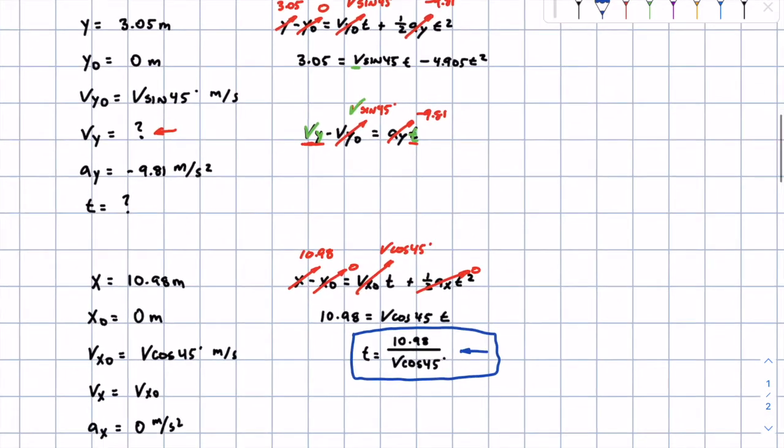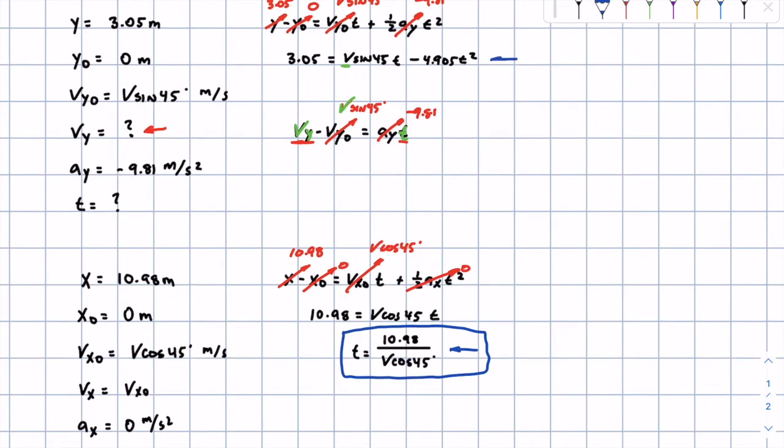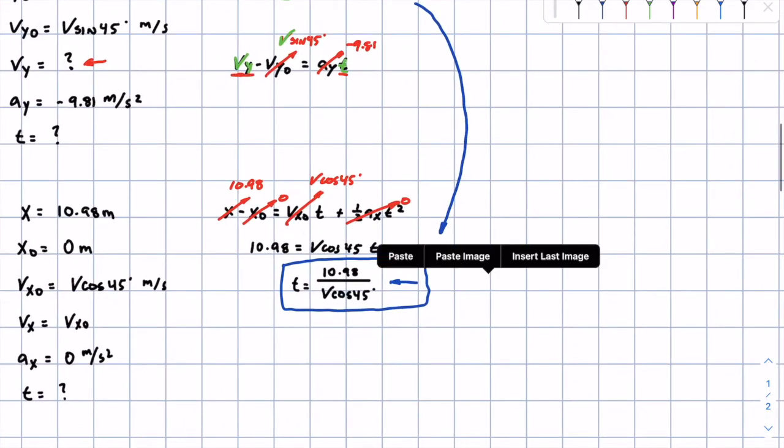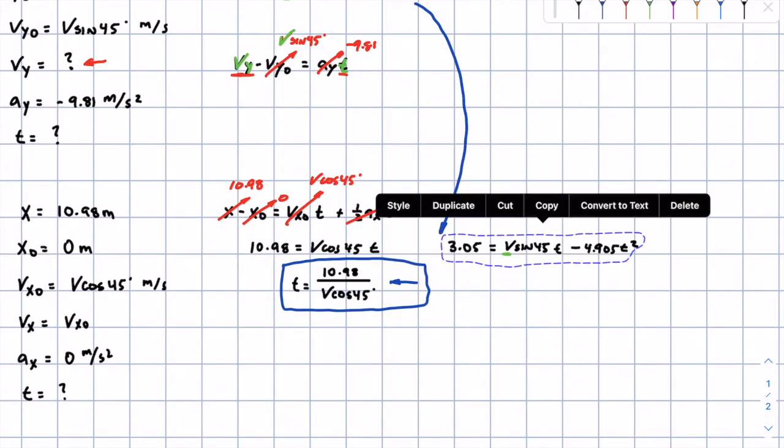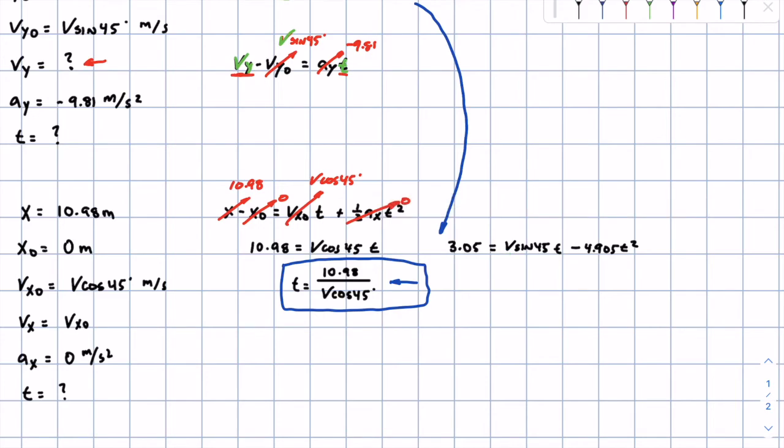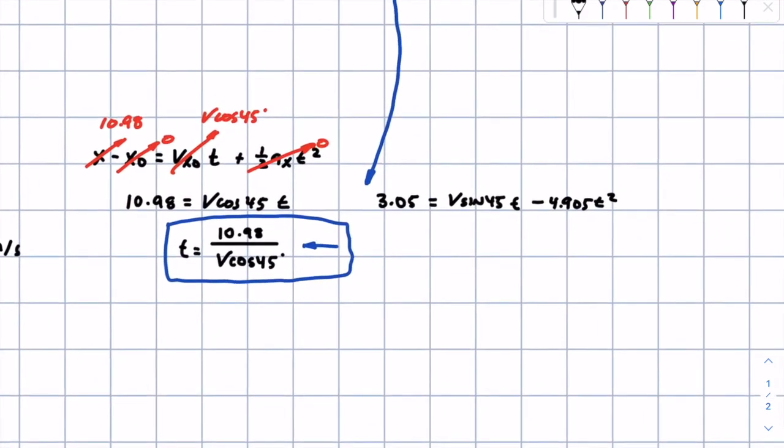Now, like I said, we're going to take this equation here and bring it down all the way over here. And everywhere that we see a t, we're going to plug in that expression that we just made. So, boom. There we are. It's going to look something like this.